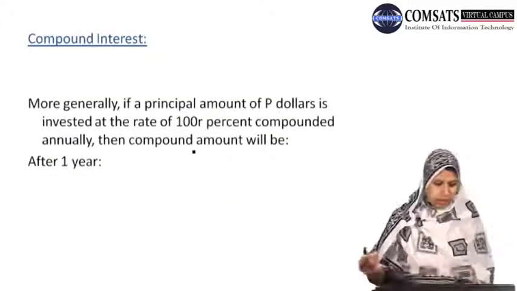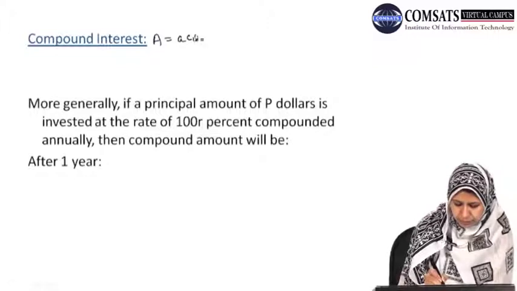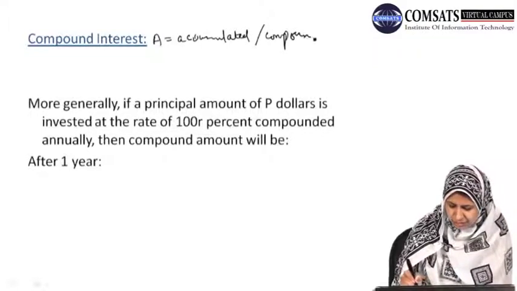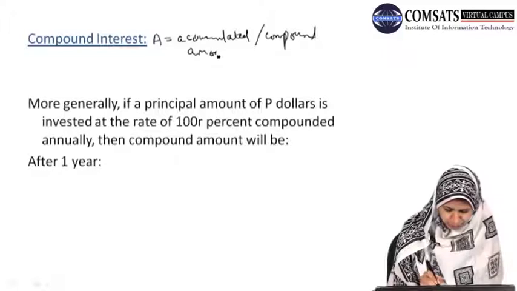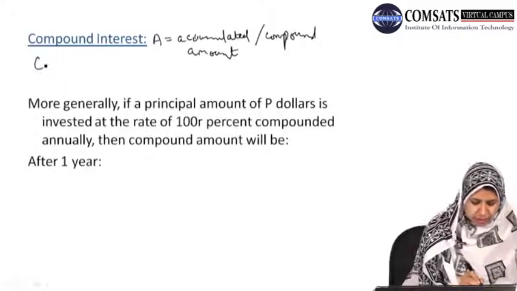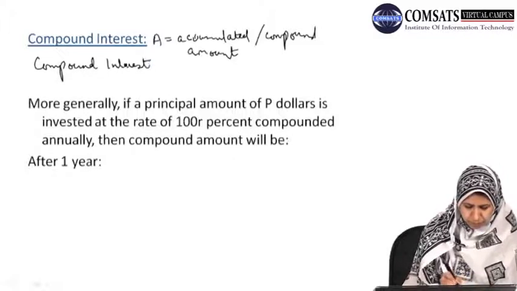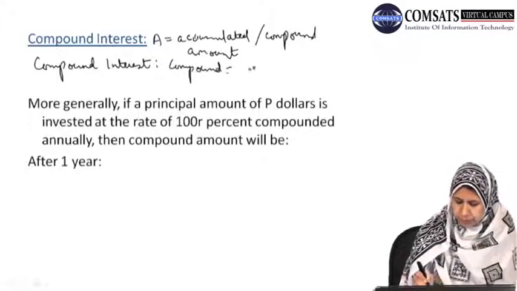Continuing in this way, if A is the accumulated or compound amount, then our compound interest will be the compound amount minus the principal amount.